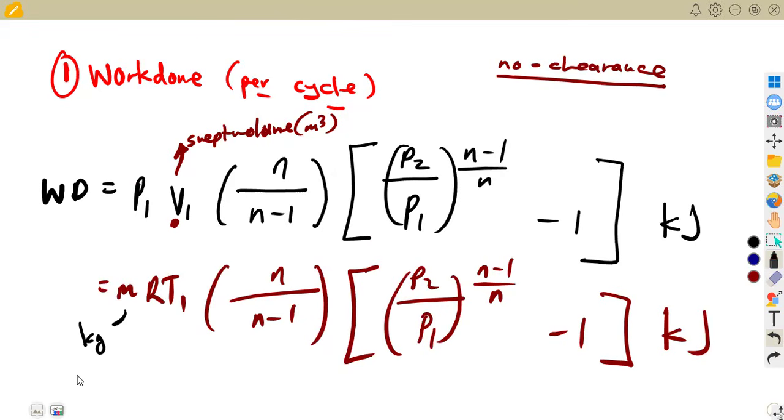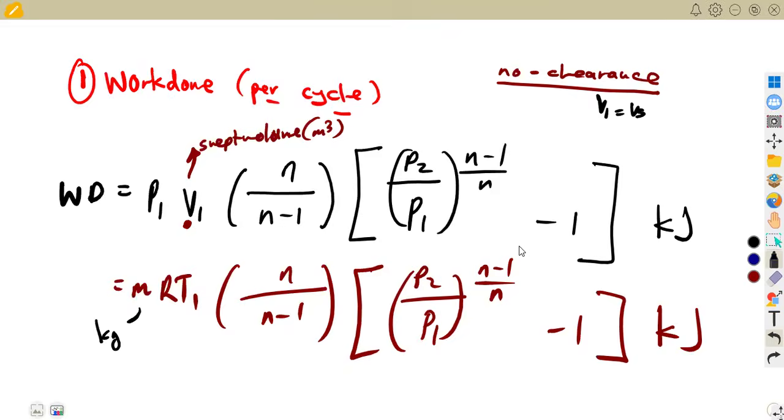You are obtaining the work done per cycle, which is just the normal work done. Remembering that there is no clearance, V1 is equal to Vs. We talked about that.